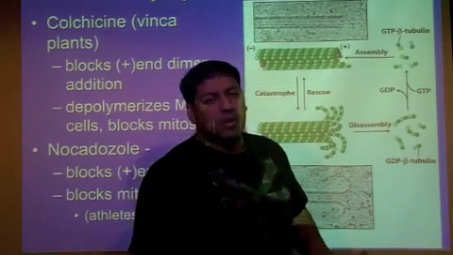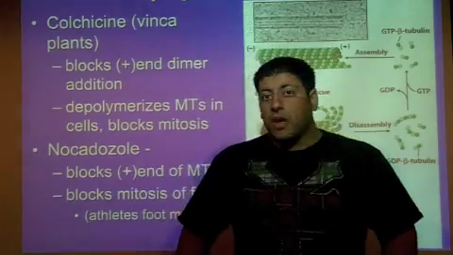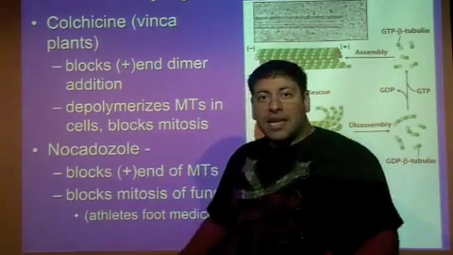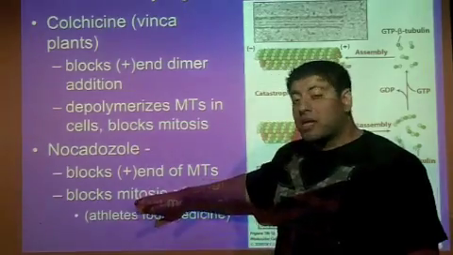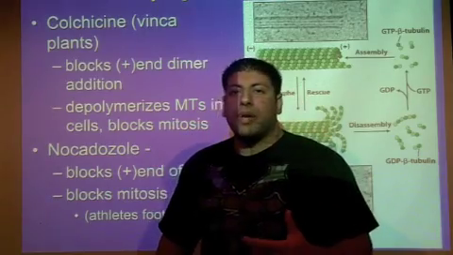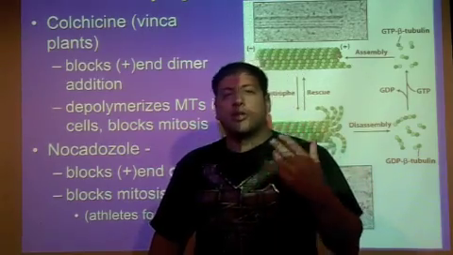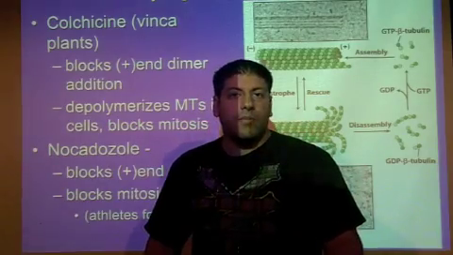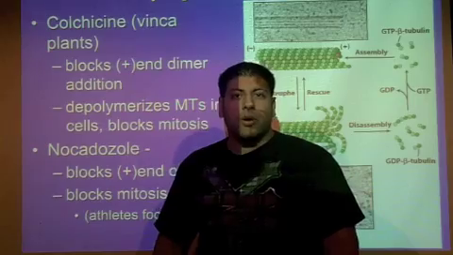And that leads to the depolymerization of the microtubule. Nocodazole does the same exact thing. It's going to block the plus end of the microtubule, therefore causing all GTP beta tubulins at the plus end to go into the GDP form and then fall apart.